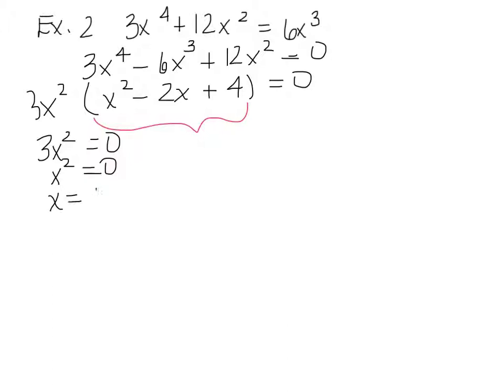Square root both sides, so x equals 0. Then over here, I'm going to use quadratic formula. And it doesn't matter. You could use completing the square if you want. I'm going to show you both ways.